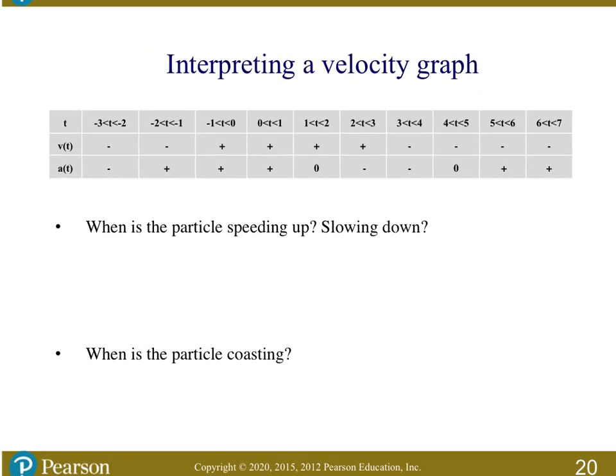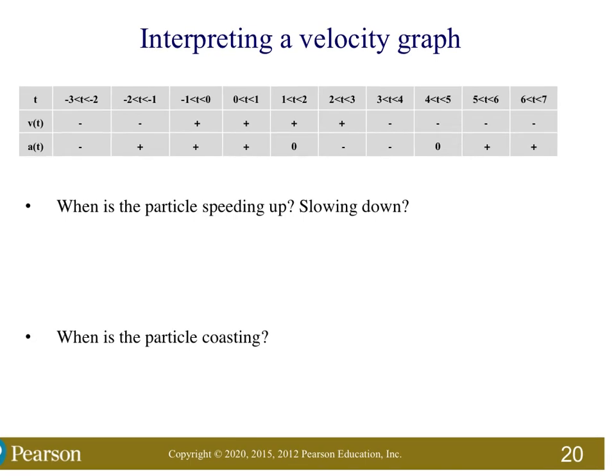All right, this is the same graph, the same chart again. Now we are asking the questions about speeding up. Remember from yesterday, speeding up is when the velocity and the acceleration have the same sign.